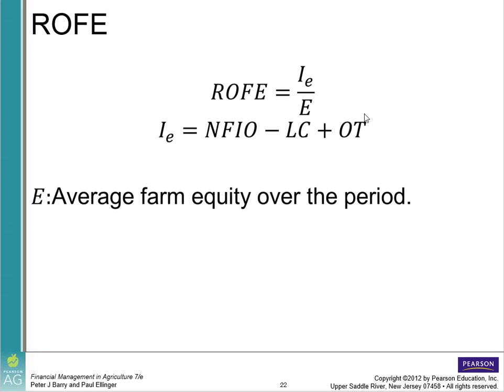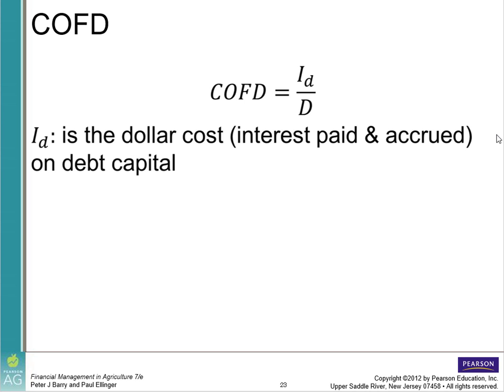And the intuition behind this ratio is that this represents the return to farm equity employed in the farm business. So basically, the cost of debt financing has been accounted for in calculating this measure.